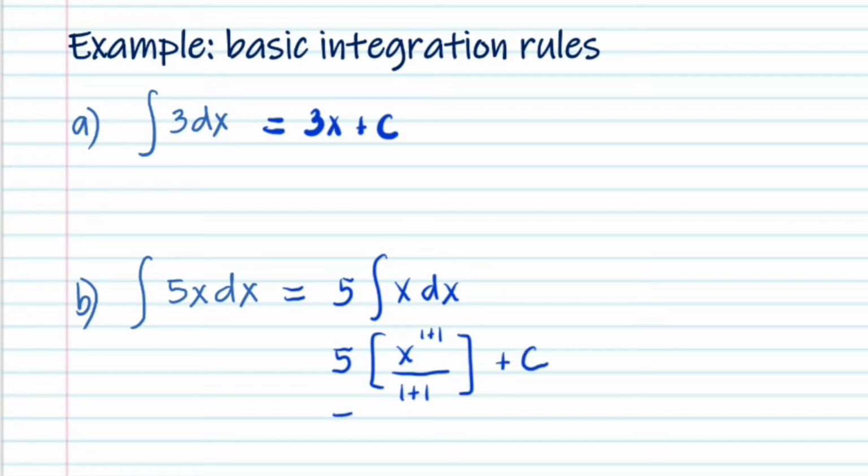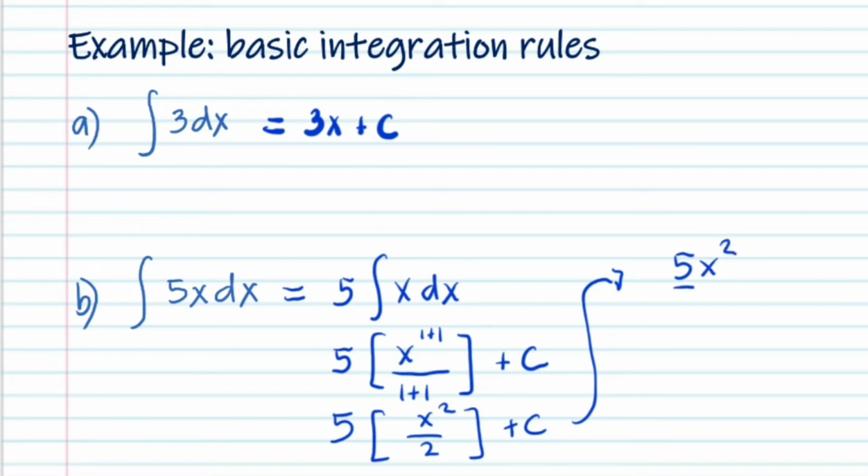So we'll have 5 x squared over 2 plus c as our final answer.